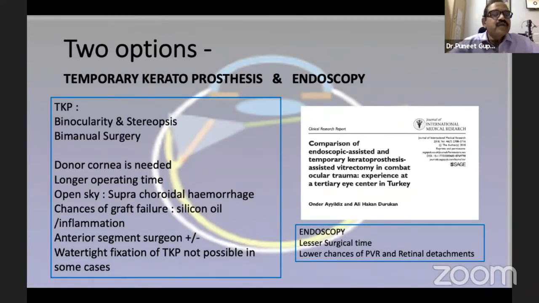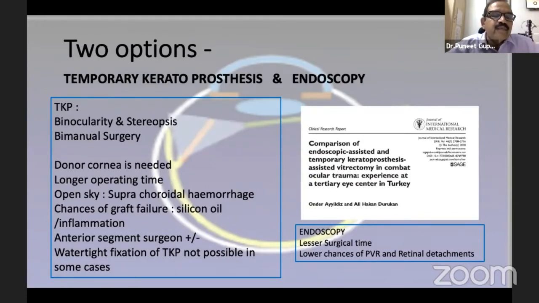The advantage with TKP is the availability of binocularity and stereopsis, and the possibility of performing bimanual surgery, which may be required in these difficult cases. But there are issues with the temporary keratoprosthesis, that you require donor cornea.